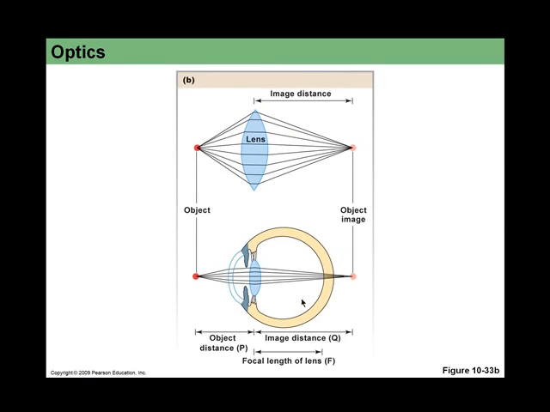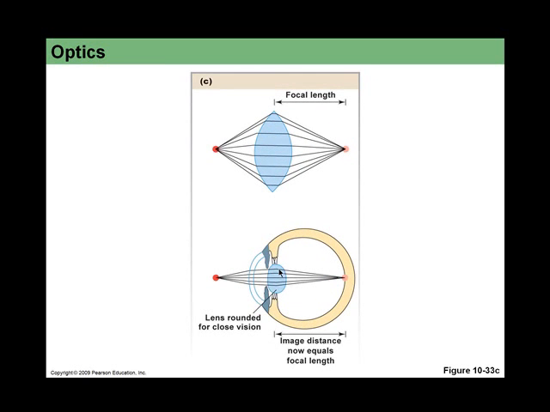Right. So if Q equals F, then you've got the best situation where the image distance equals the focal length, and it's actually projected onto the retina, and you can see it. So the lens would be rounded for the close vision. Objects that are closer to the lens require a rounder, a greater convexity or curvature to reduce the focal length, so that the image distance equals the focal length, and you can project it directly onto the retina.